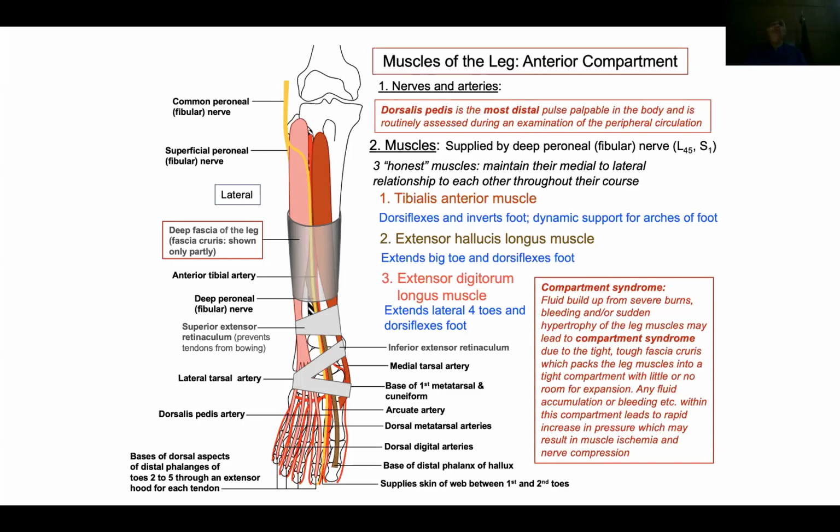Compression on the nerve will give pain, but compression on an artery will stop the supply distally. I will not be able to find the dorsalis pedis. I will not be able to find perfusion at the digits in my foot because my anterior tibial artery has been compressed. So maybe the posterior tibial. My foot can go gangrenous, turn blue and turn black, and then you're left with no other choice except amputation. Amputation means you're chopping it away. You have seen people with amputated hands and amputated feet.